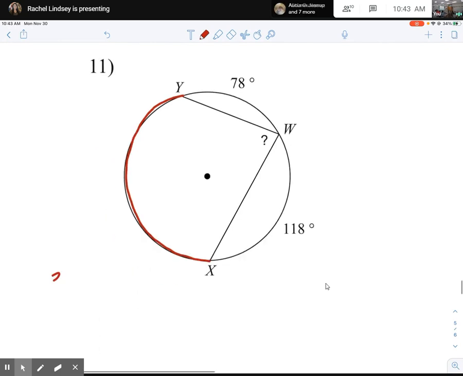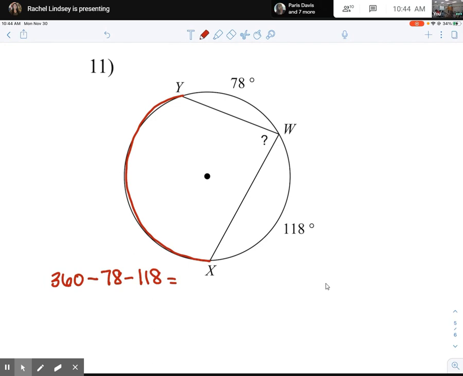So 360 minus 78 minus 118. And what does that give you? 164.